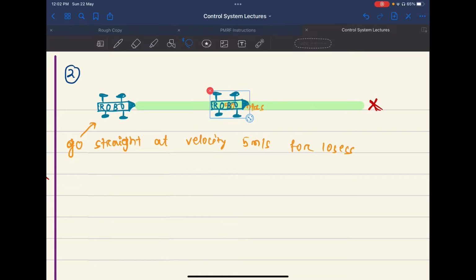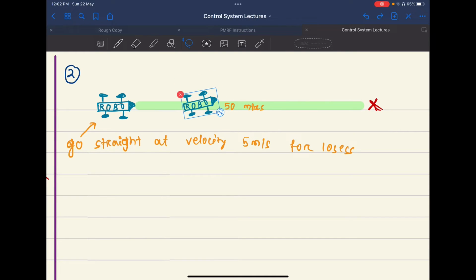Suppose at this moment, when the robot is at this location, there are some unethical opponents who see your vehicle is doing really good work. Or maybe due to some other external inputs, the robot gets a little tilted like this.